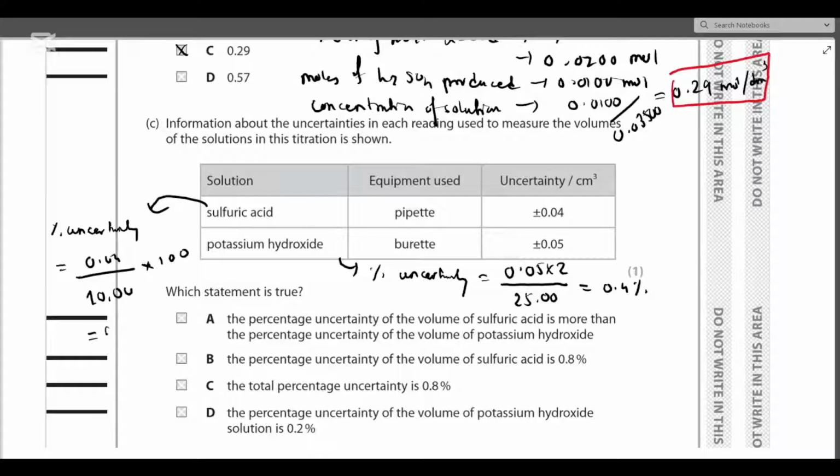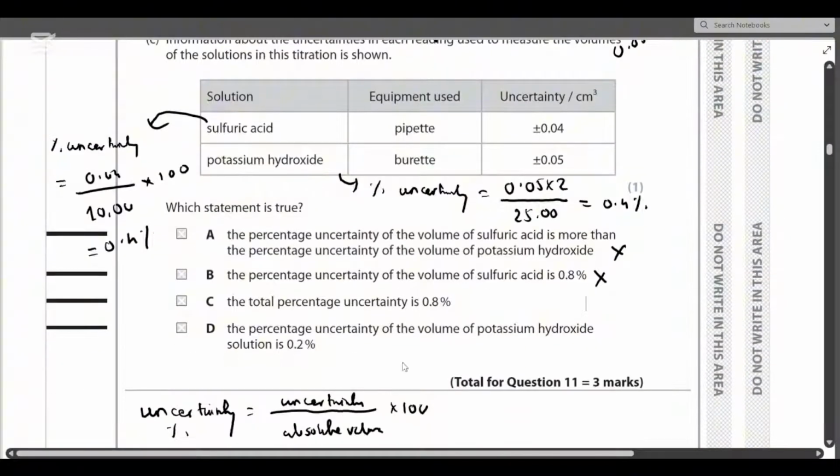If you do the math, you get about 0.4% as well. Now we can see that the percentage uncertainty for both solutions is the same. So A is false. For B, the percentage uncertainty of the volume is actually 0.4%, but they say 0.8%, so that's false as well. This leaves us C and D.